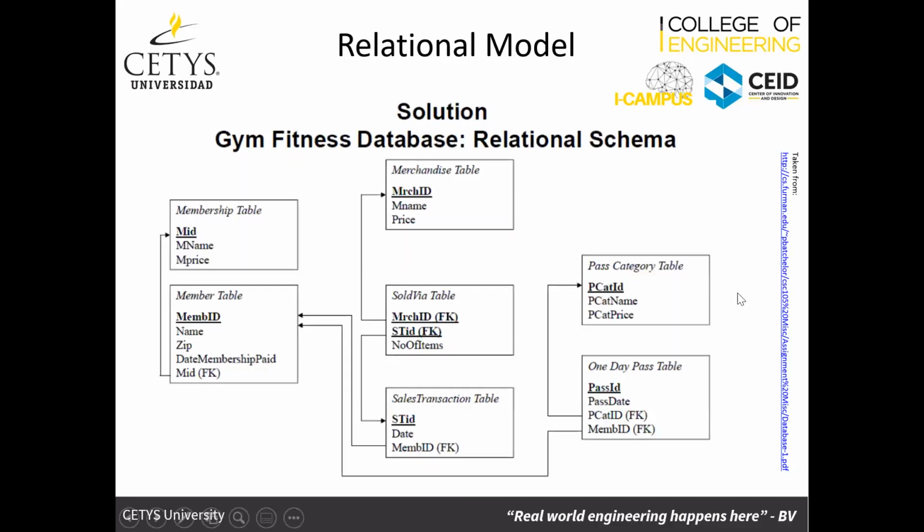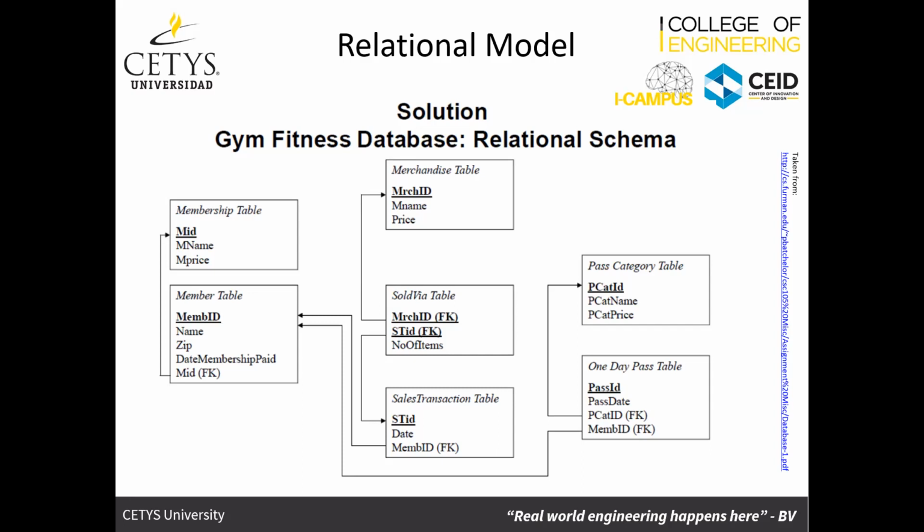If we look at an example of the relational model here, we have the 7 tables. We notice how the primary keys are included into the additional tables depending on the relationship. So for example, in the membership table and member table, this was a 1-to-1 relationship.